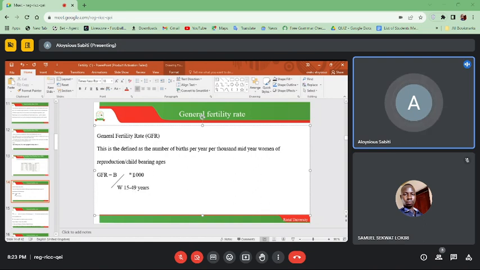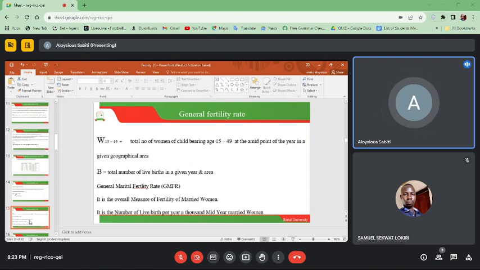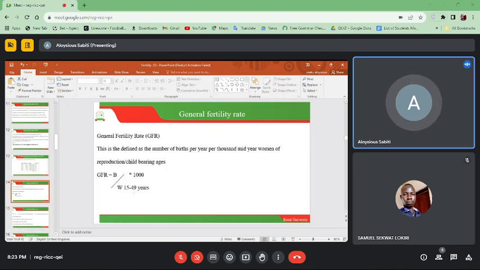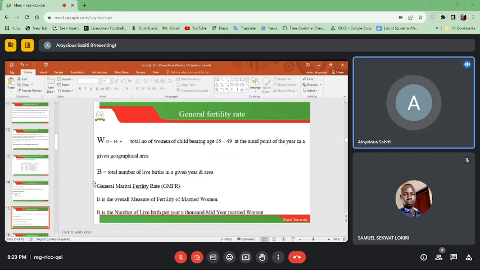You multiply it by 1,000. Where this W of 15 to 49 years is the total number of women of childbearing age, 15 to 49 years, at the middle of the year in a given geographical area.